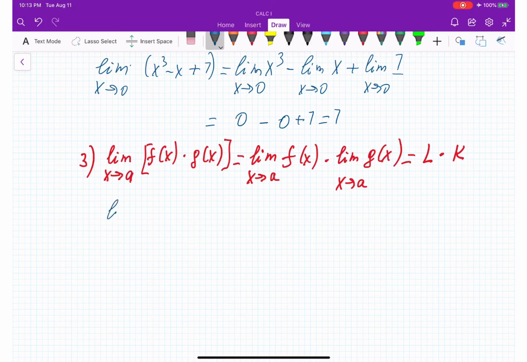Okay, taking an example. The limit as x approaches 2 of x minus 1 times x plus 2.